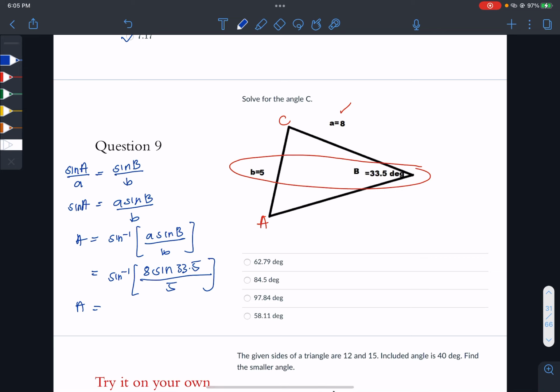You can go straight to the calculator. Press shift sine, then put the fraction. Type 8 sine 33.5, and don't forget the close parenthesis. Then we have 5, and then another close parenthesis. That will give us 62.02, no?